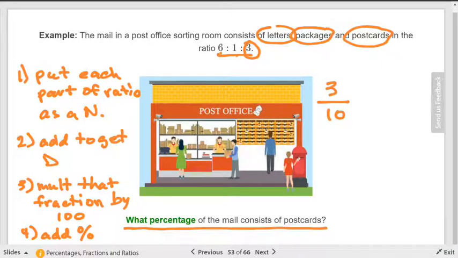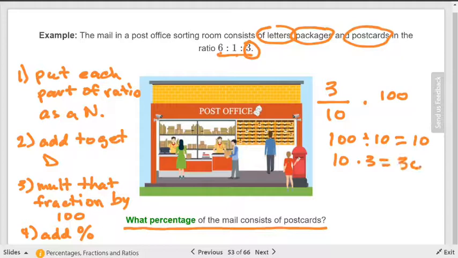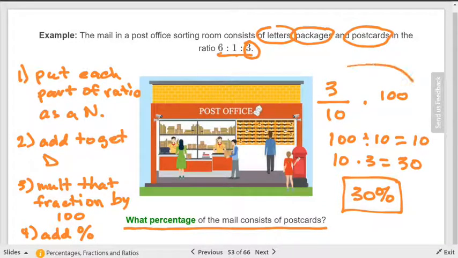Now, we need to multiply that by what? 100. And remember, when you're taking a fraction of a number, you divide by the bottom and then multiply what's left times the top. This will be on the assessment for sure. So 100 divided by 10 is what? 10. And 10 times 3 is 30. So what percentage of them were postcards? 30%.